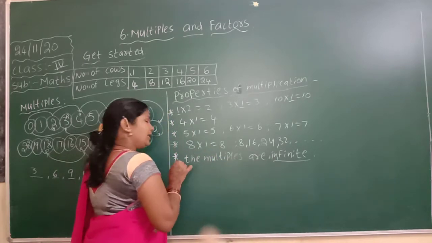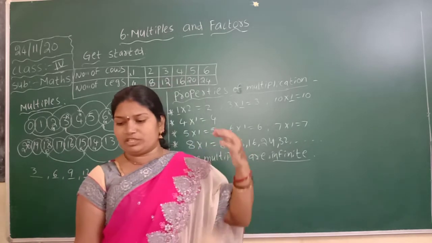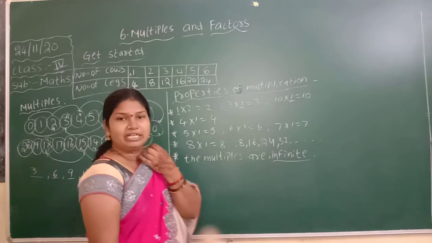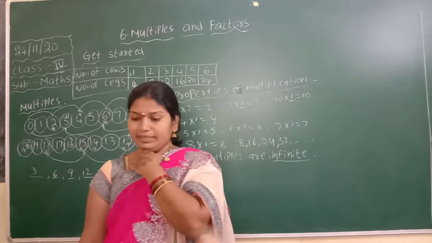And the last point is, a multiple of a number is divisible by the number.